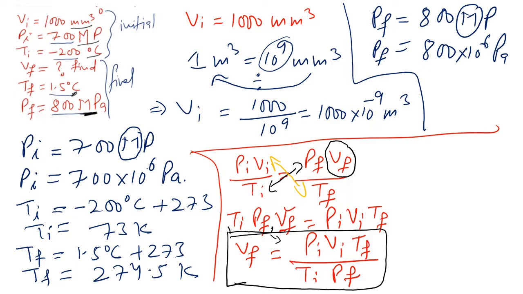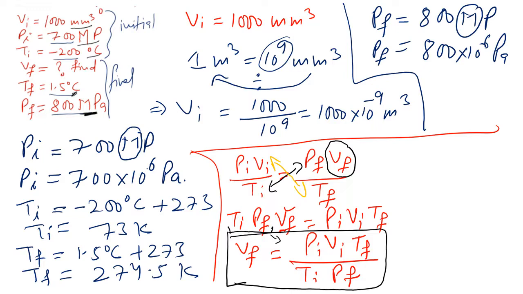Now this is one parameter we are getting, the initial volume, and now the initial pressure. This initial pressure is 700 megapascal. So this mega we have to change. The value of mega is 10 to the power 6, and this is Pascal.